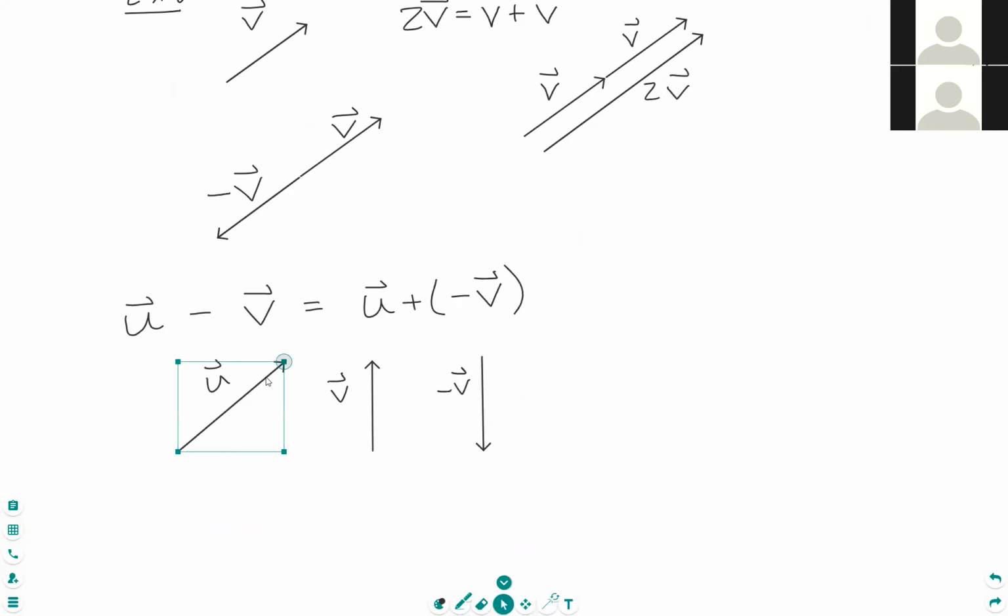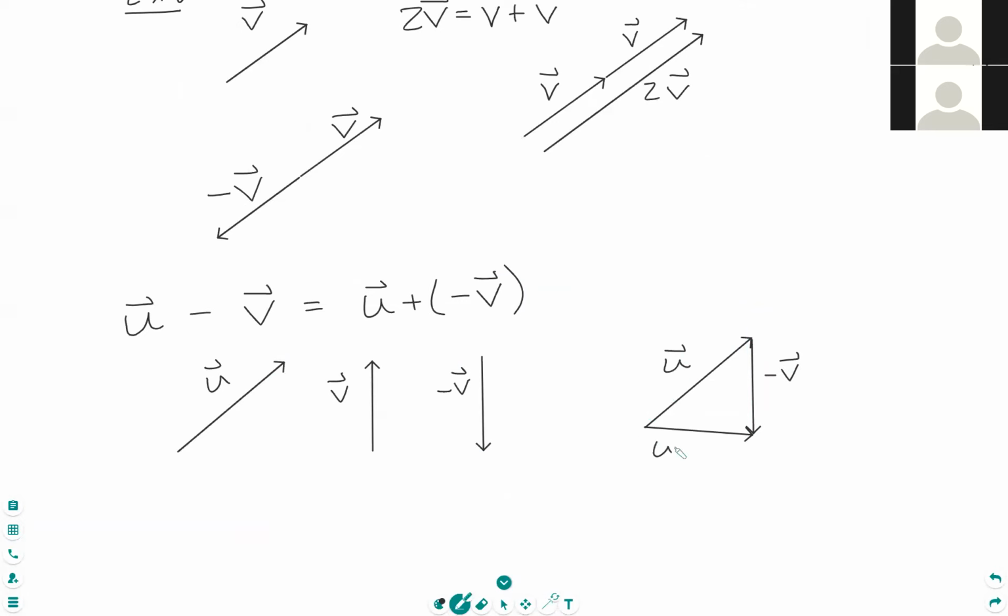So let's do another copy and paste here. We've got our u. We've got our negative v. And the resulting vector is this guy there. So this was our u. This was our negative v.